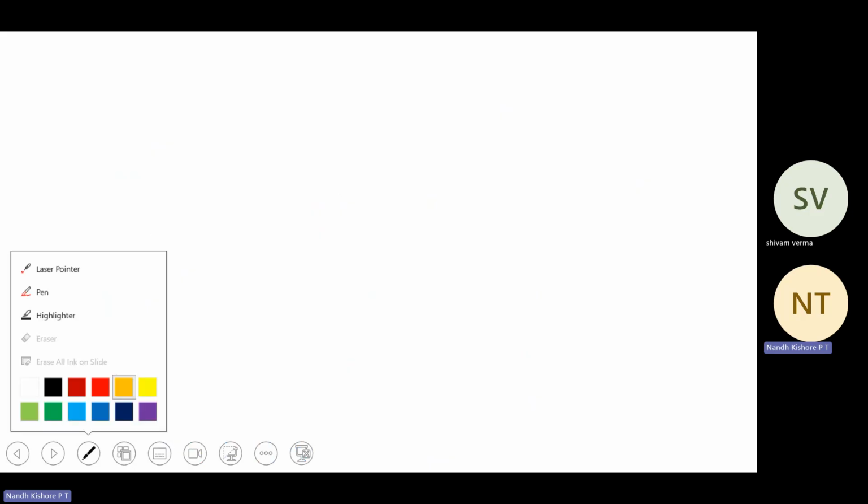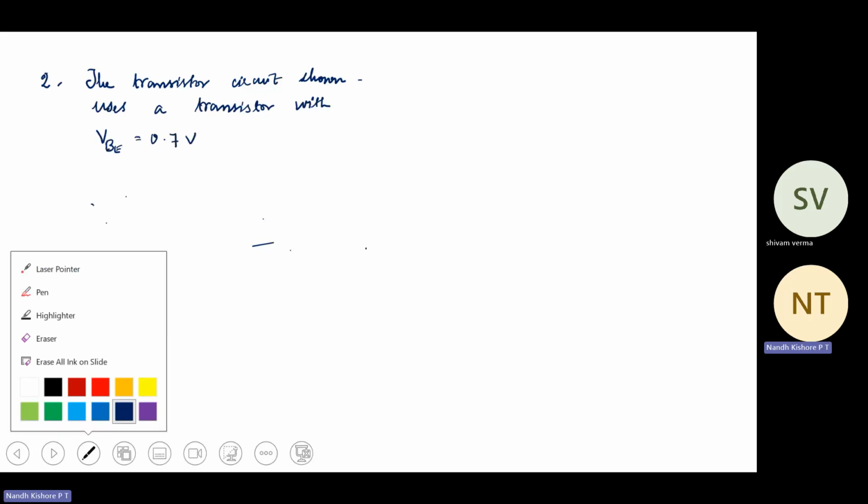So the next question is: the transistor circuit shown uses a transistor with VBE equal to 0.7 volt, the base-emitter voltage or the cut-in voltage as we call it.